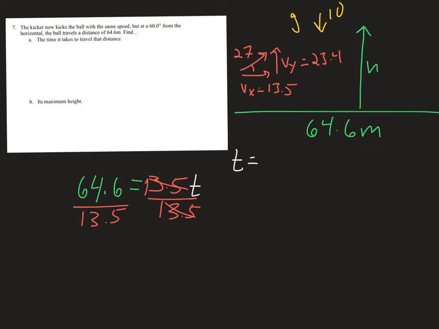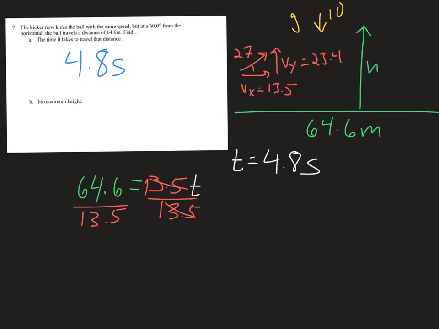I take my 64.6, divide that by 13.5, and I will get a new time of 4.8. I think we'll just go with 4.8 seconds. And so I can write that up there.